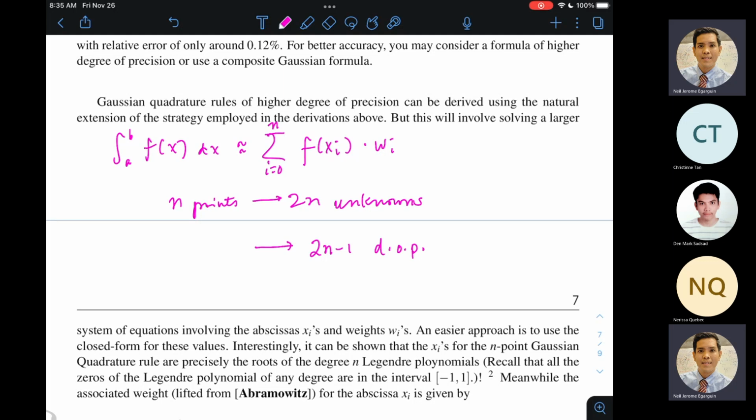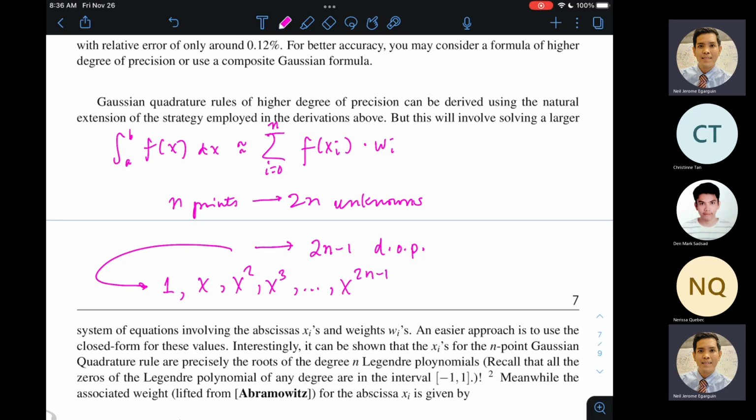All right. And then dun sa definition ng degree of precision, dito natin kinuha yung system of equations na kailangan nating i-solve para makuha yung x sub i's at saka yung mga w sub i's. Since we are trying to get a quadrature formula of degree of precision 2n minus 1, our quadrature rule should be able to integrate the following functions exactly: the constant function 1, the linear function x, x squared, x cubed, until x to the power 2n minus 1.